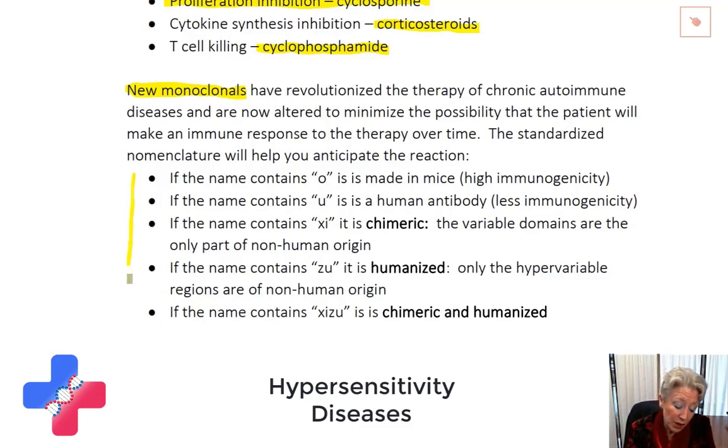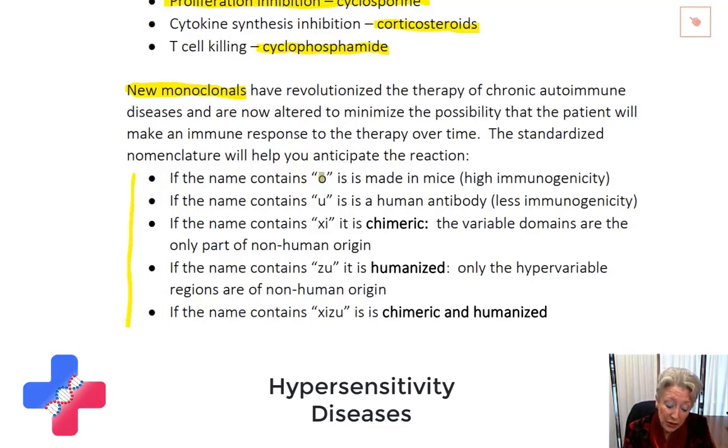So what I give you here is simply a list of the nomenclature of the monoclonals so that you can notice that we try to reduce the amount of the molecule that could actually be recognized as being foreign.